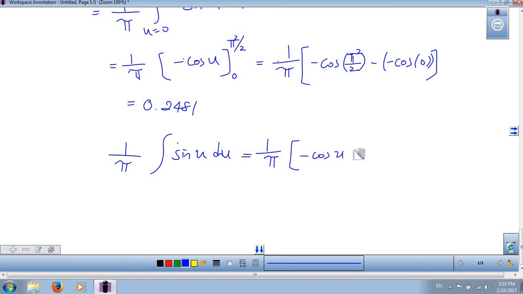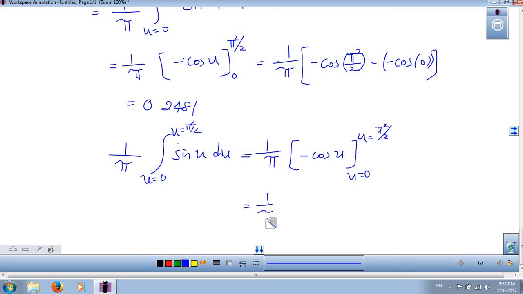After we integrate it, we should get negative cosine u, and we should be substituting the lower bound of u and upper bound of u. So u should have been equal to 0, and u should have been equal to pi squared over 2 here.